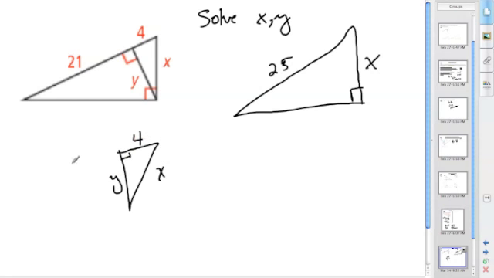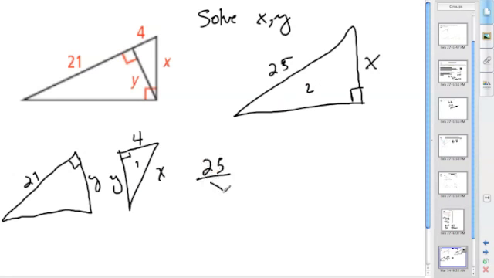Then I have my y, 21. Solving for x, I'm going to use triangles 1 and 2 because they both have x and x. I know that the 25 gets compared to x because they're both the hypotenuse, and the x gets compared to 4. So I have x squared equals 100, x equals 10.